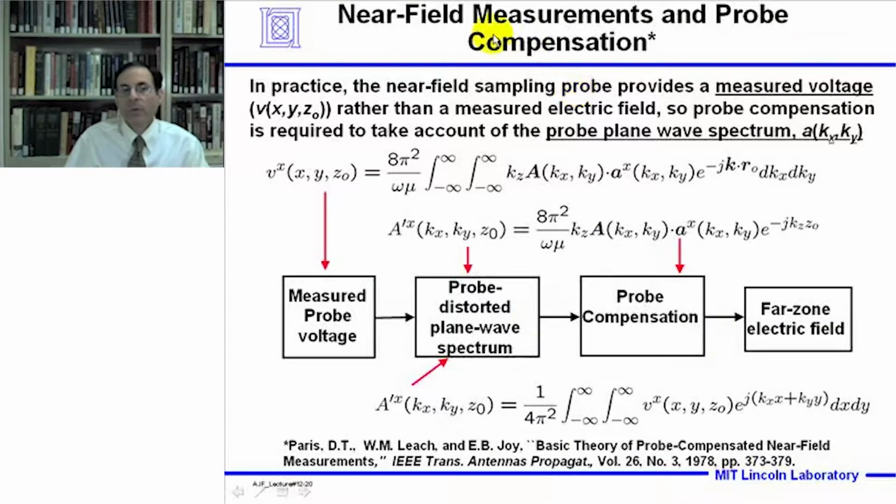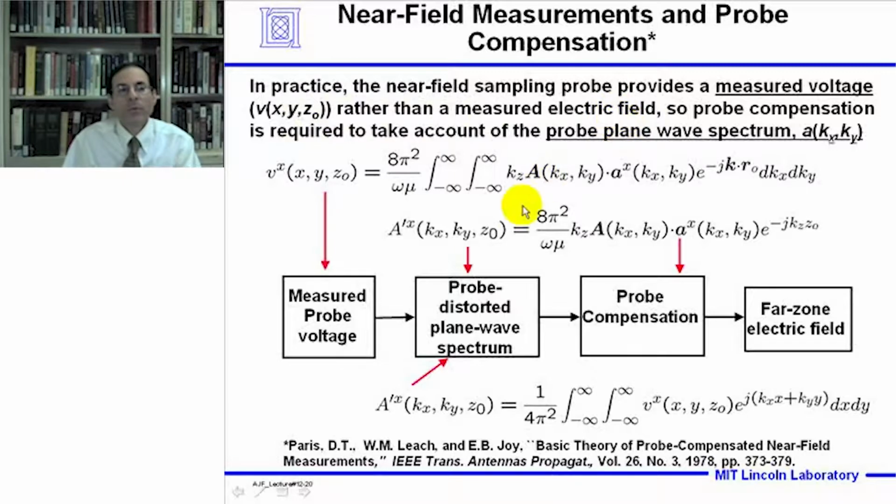This slide talks to the subject of near field measurements and probe compensation. The reference by Paris, Leach, and Joy, published in the IEEE Transactions on Antennas and Propagation, covers the theory in great detail. In practice, the near field sampling probe provides a measured voltage rather than a measured electric field.